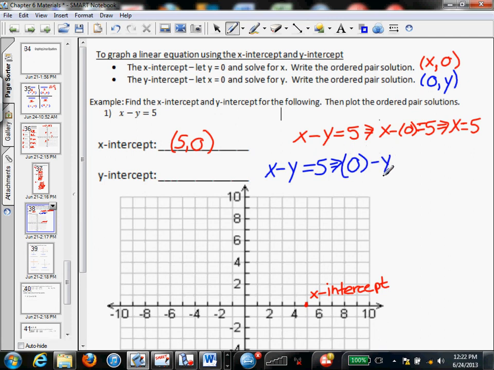So 0 minus y equals 5 yields the answer y equals negative 5. So now we use our coordinate pair here of open parentheses 0, comma negative 5, close parentheses. So now if we want to plot, you just go 5 on the y-axis, 0 tells us to go nowhere, so that is the y-intercept.